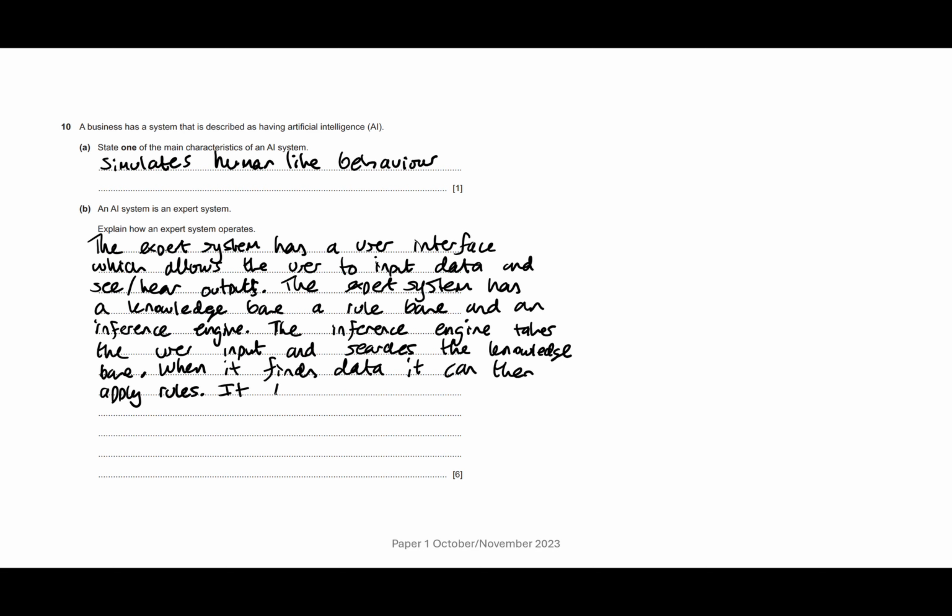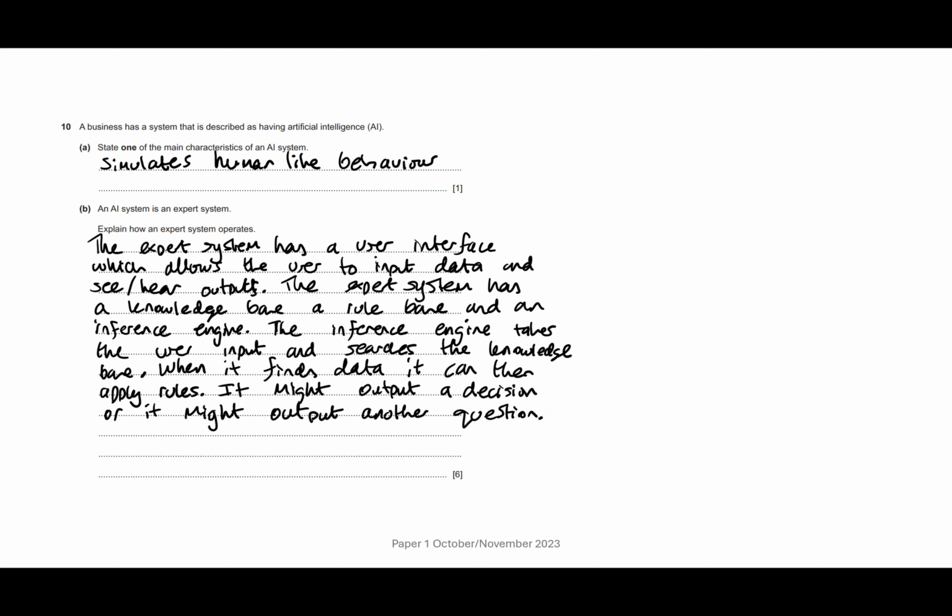So it might output a decision, okay, whatever that decision might be, or it might output another question, because it might not have had enough information to make a decision. So we could say that as well, but we'll leave it at that.